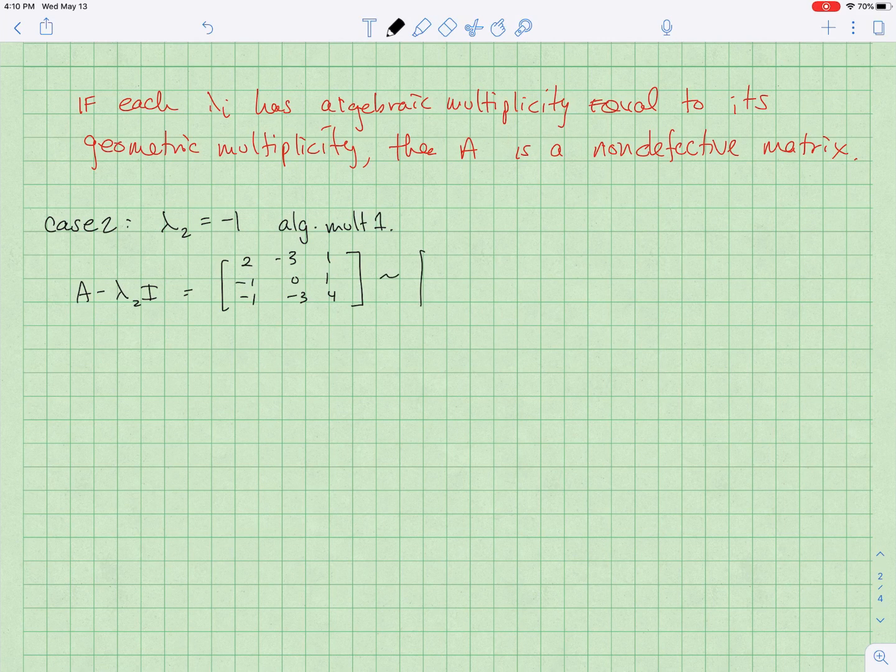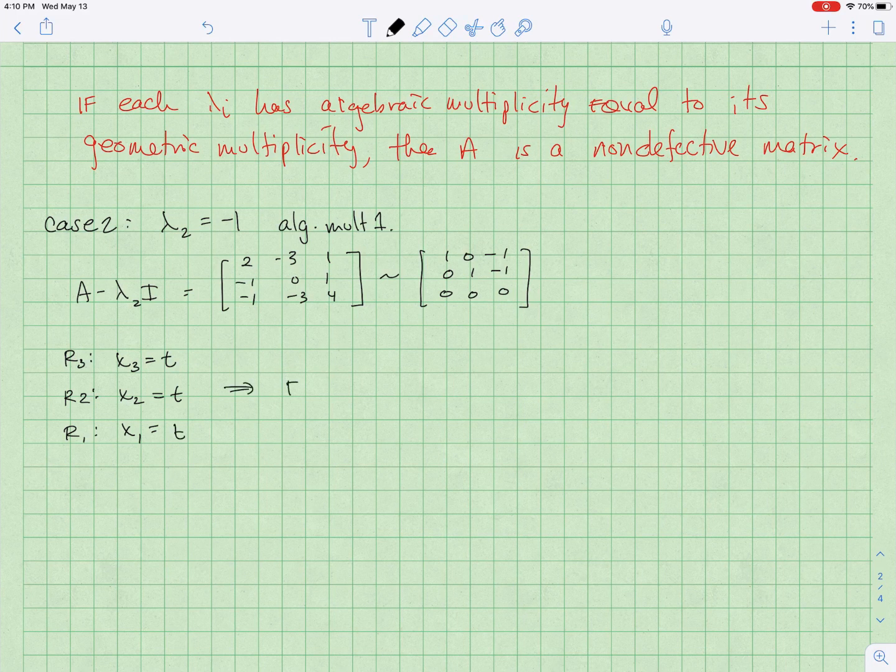And that turns out to be row equivalent to 1, 0, negative 1, 0, 1, negative 1, 0, 0, 0. So in the interest of saving time, I'm just giving you the RREF form. That tells me that for row 3, x3 is free. For row 2, x2 is also equal to t. And for row 1, x1 is also equal to t.